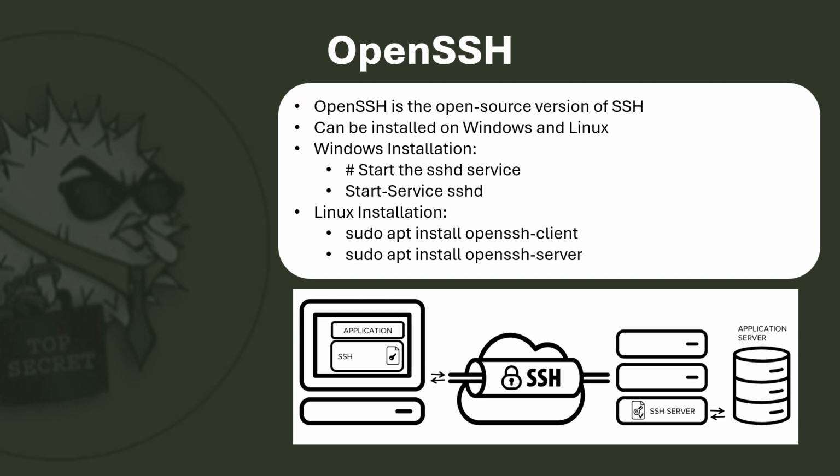For Linux, OpenSSH can be installed using the command sudo apt install openssh-client for the client application and sudo apt install openssh-server for the server application. SSH can be configured using various commands that control communication and the authentication settings.